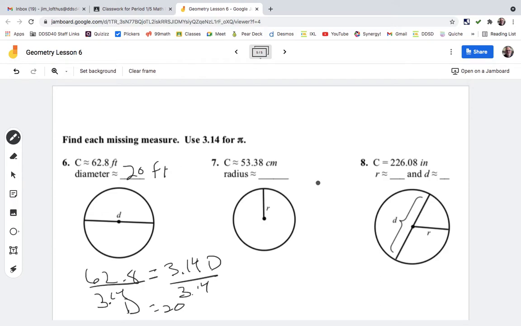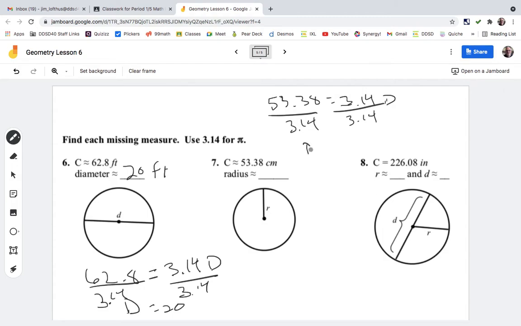This one we're going to have to do an extra step here. 53.38 is equal to 3.14 times the diameter. So we're going to divide by 3.14. 53.38 divided by 3.14 is 17.